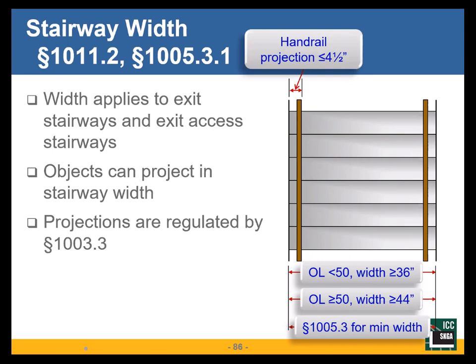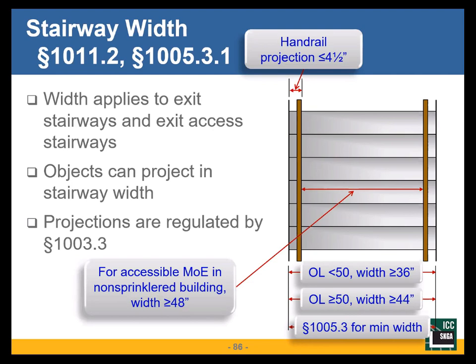Even though I've got a handrail, and I'm going to require a handrail on both sides, that could be 4.5 inches into that stairway width. That's allowed. The only time I measure between the handrails is when I'm looking at accessible means of egress in a non-sprinklered building.